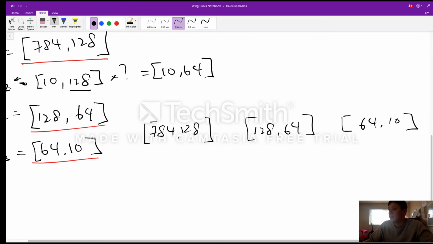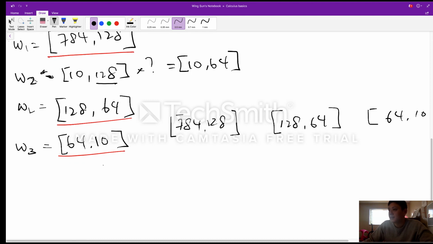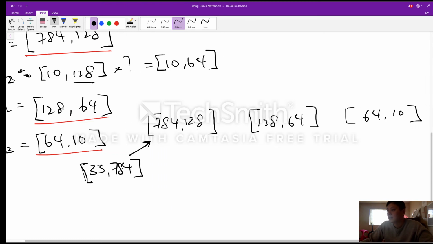This is the architecture of my model. If I say I have, I don't know, 33 samples, and of course 784 features, and I multiply that, what does that give me? That cancels, and you bring these two numbers together, so you have 33 by 128.